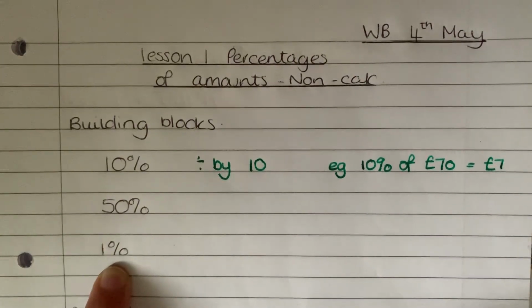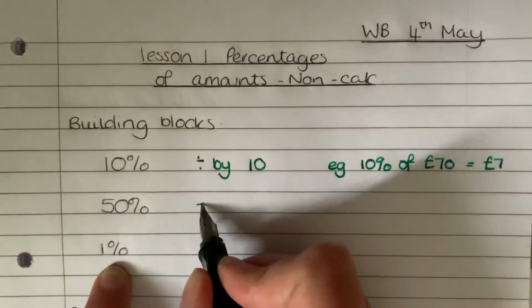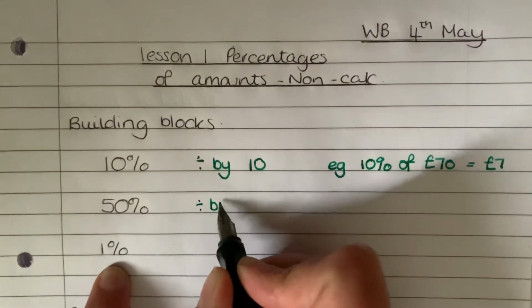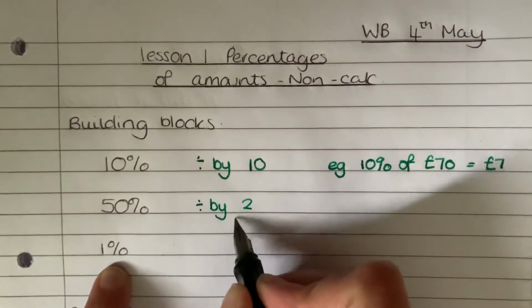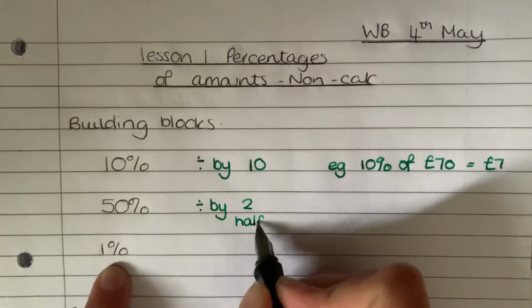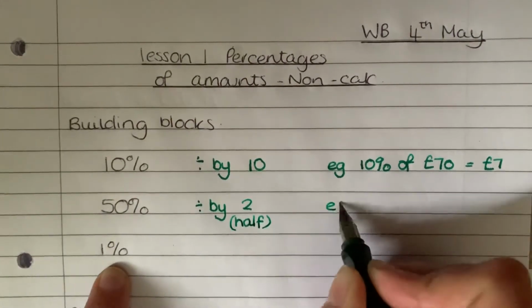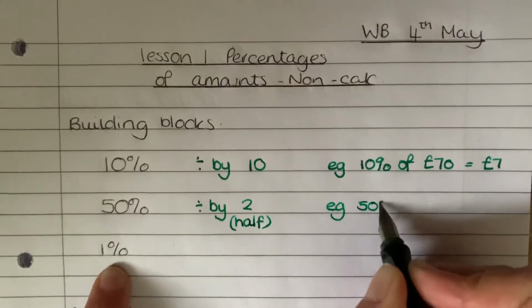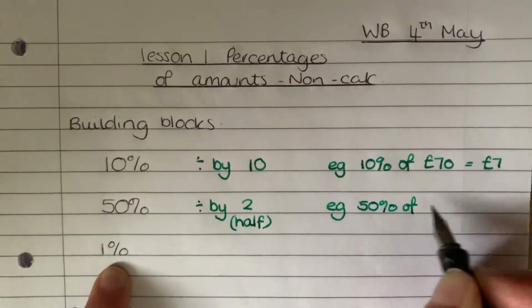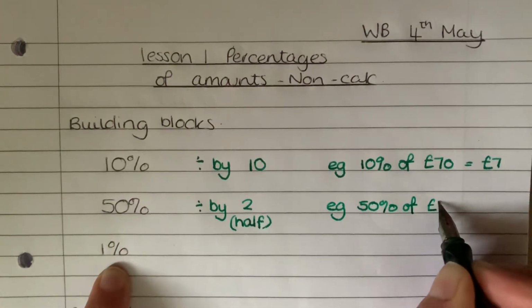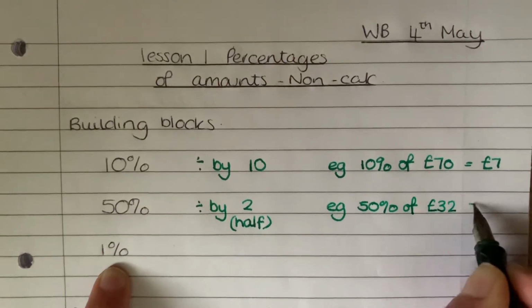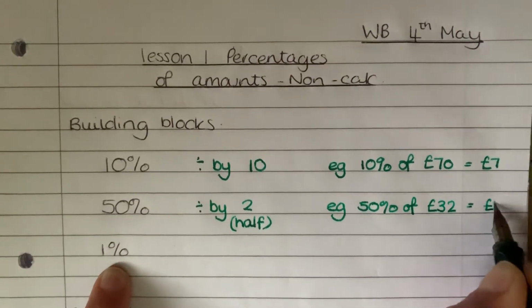Okay, to find 50% of something, we divide by 2, or halve it. So for example, 50% of £32 would be £16.